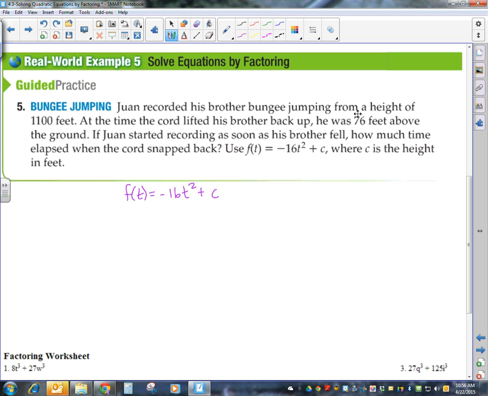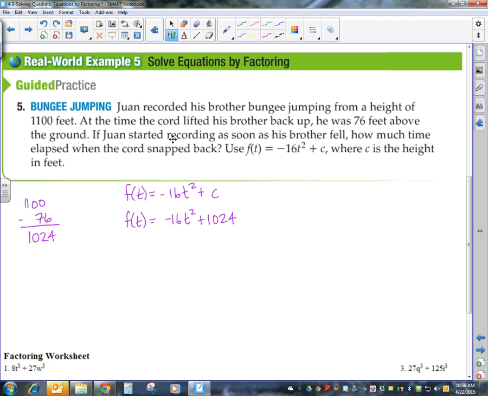He was 76 feet above the ground. So that means that 1100 minus my 76 is that height that I'm looking at. Okay? So that means that's what I'm going to plug in for my c. So f of t is equal to negative 16t squared plus 1024.